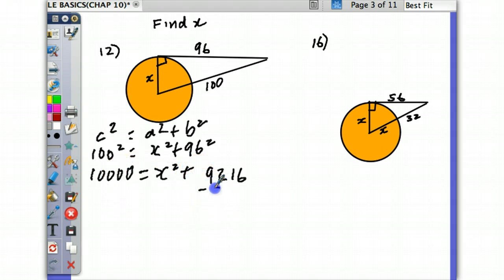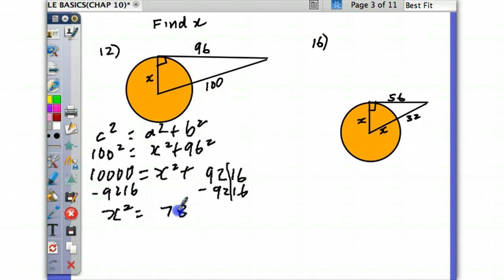All right, so we subtract this from both sides. 9,216, all right, that's gone. So we're going to get x squared is equal to 10,000 take away that, what is it? 784.